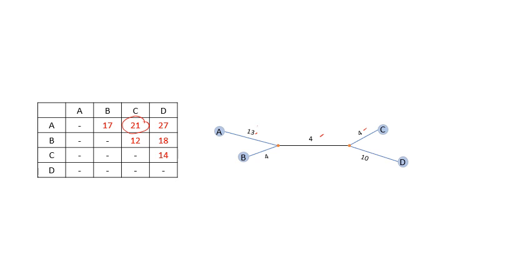Similarly, if you see 13 plus 4, the distance between A to B is 17, so 13 plus 4 is 17. So if you go in any direction and see what's the distance between two nodes, they will correspond to the observed distance in your distance matrix. Okay, so this is how the neighbor joining method works.